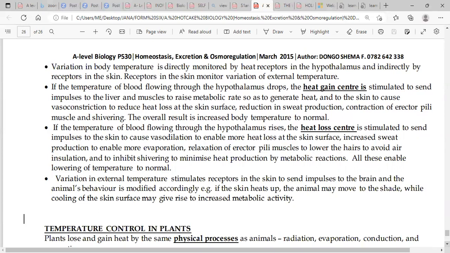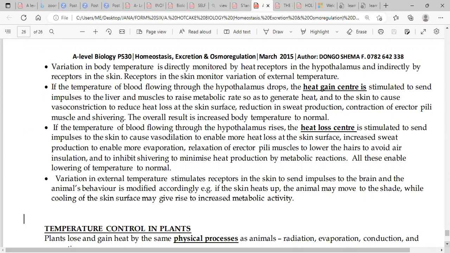That is, if the temperature of blood flowing through the hypothalamus rises, then the heat loss center is stimulated to send impulses to the skin, which will cause vasodilation to enable more heat loss at the skin surface. There will be increased sweat production, enabling more evaporation.